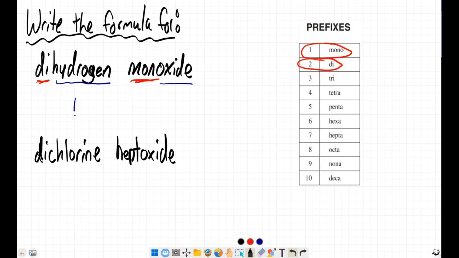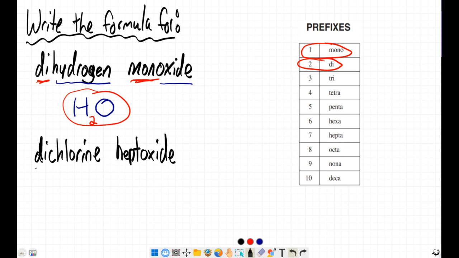So writing out the formula, I know we have hydrogen and I know we have oxygen. And then I'll put the numbers in. Hydrogen has 2, oxide has 1. And again, normally we don't write ones in the formula. So the final answer for this is H2O, more commonly known as water.